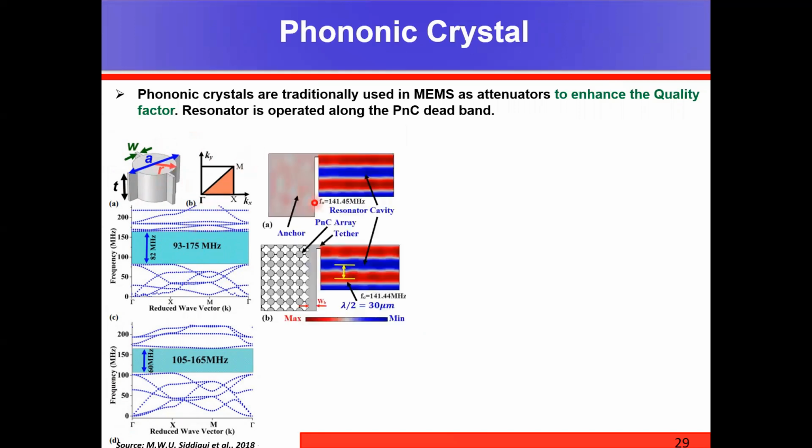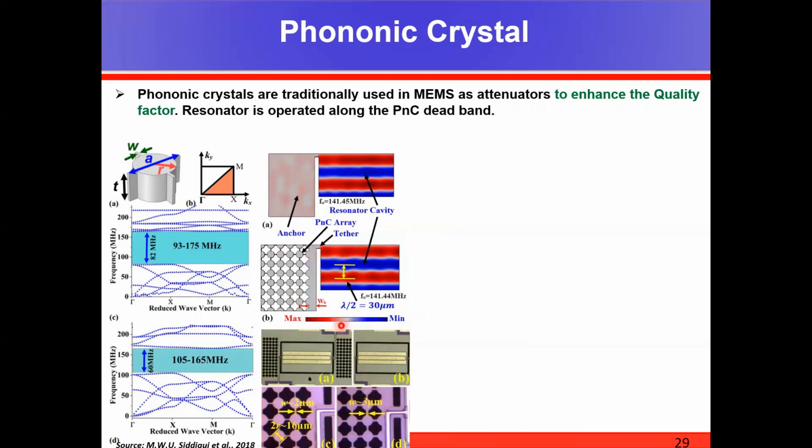And hence they can be used to terminate an active resonator onto the substrate. This is the FEM result, and we can see that with a conventional termination to the substrate, there's energy leakage. But when you use a phononic crystal such that the resonant frequency falls within the dead band, because there is no acoustic energy transmission possible, there is no energy leakage.